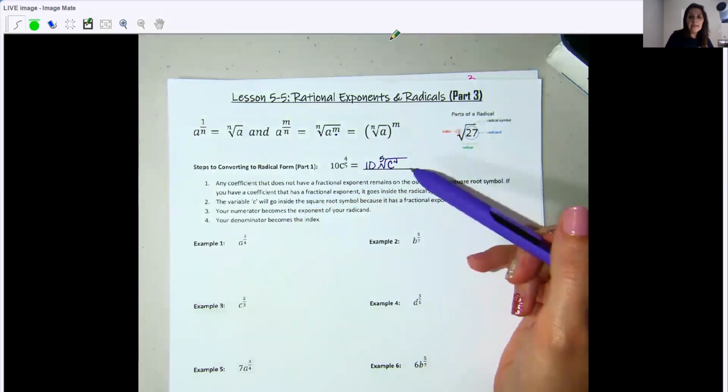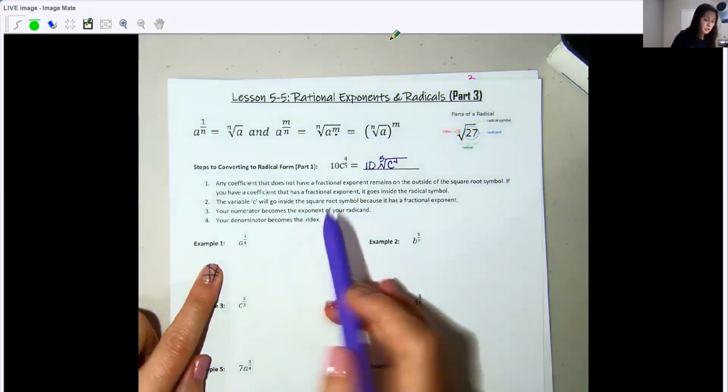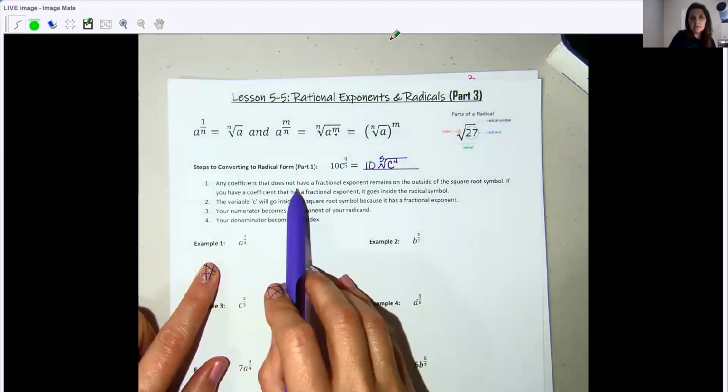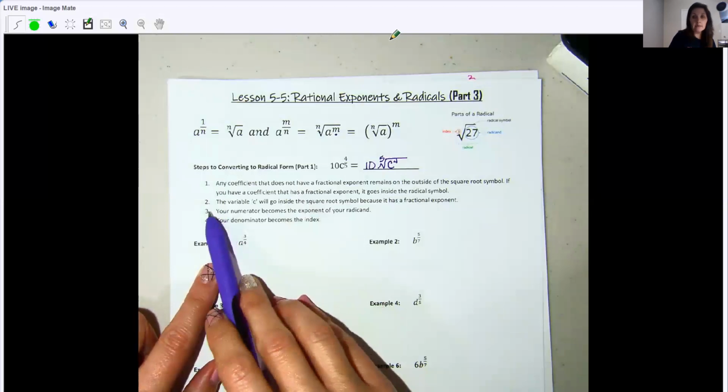And this first page is all about turning exponential functions into radicals, and that's it. So this first page is going to be pretty simple once you get the hang of where all of the terms go. Looking at example number 1 and following your steps up here, step number 1 is all about a coefficient, and at this point we don't have a coefficient, so we're going to move on to step 2.